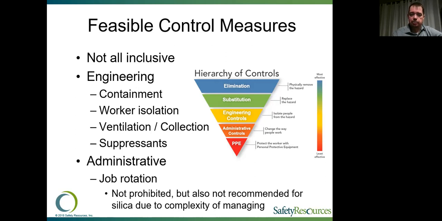Again, it's not specifically prohibited from being used, but it's not a recommended method, just because it's probably not going to be as effective as providing additional control measures, such as better ventilation systems, or making sure that you've got good dust collection systems in place.